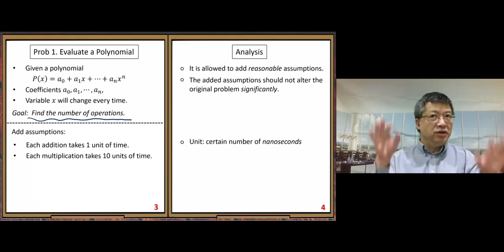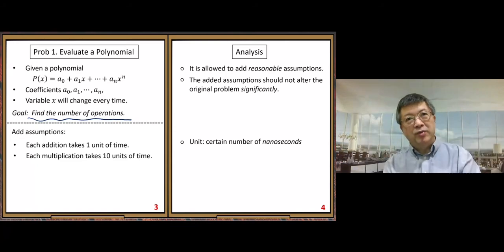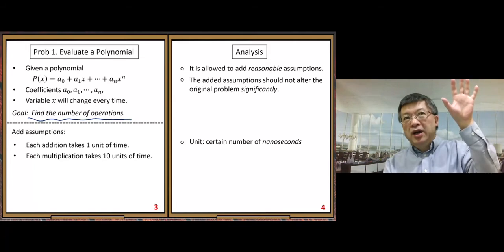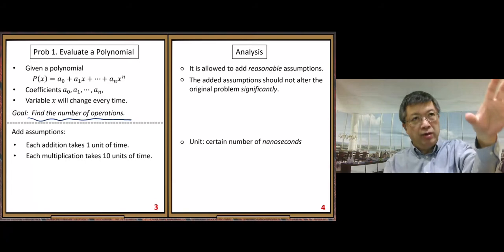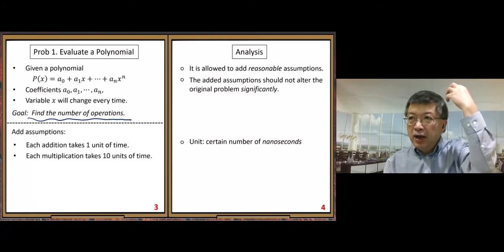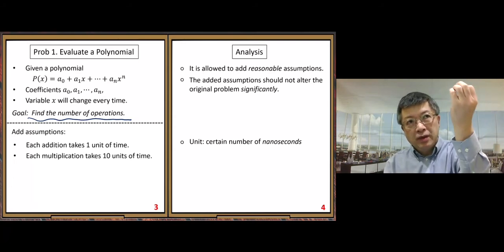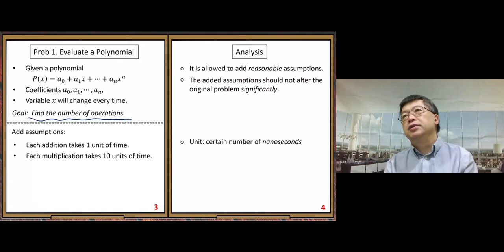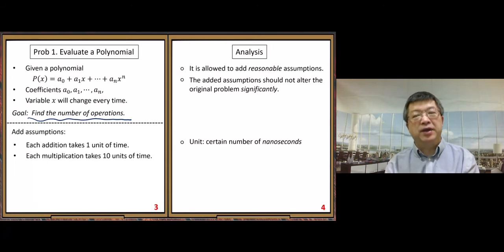In the real world, with current technology, CPU performance on a regular, usual computer, to find the answer of one addition takes usually a small number, 1 or 2 nanoseconds.